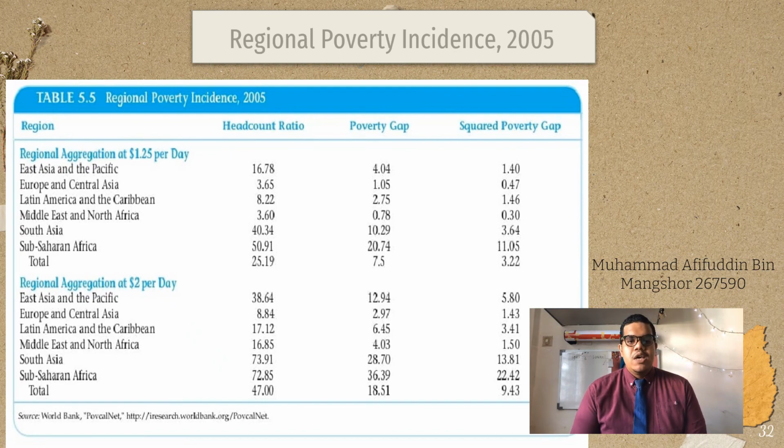It happens too at the price of the $2 poverty line, which is very high in South Asia, at about 73.91%, and a squared poverty gap index at 2.242% in Sub-Saharan Africa. So the incidence of extreme poverty is very uneven around the developing world.